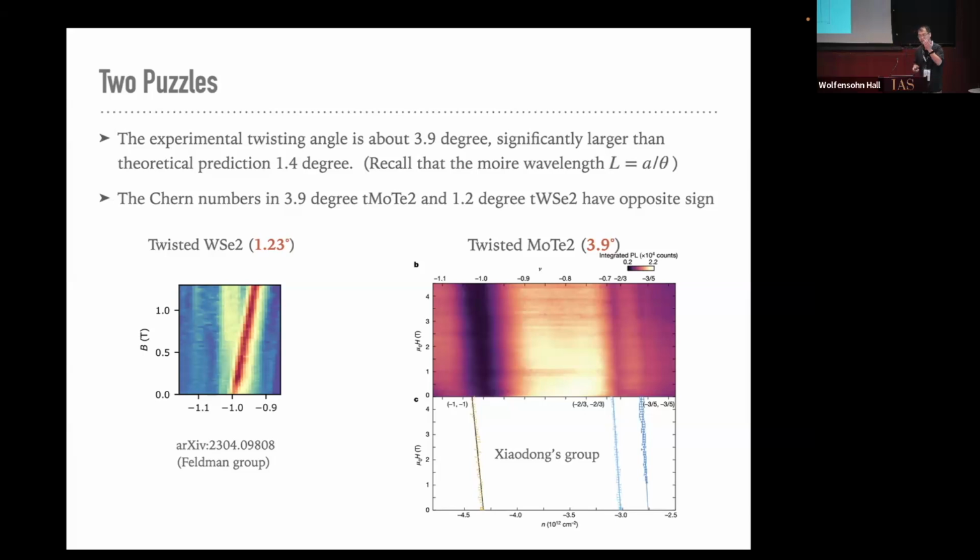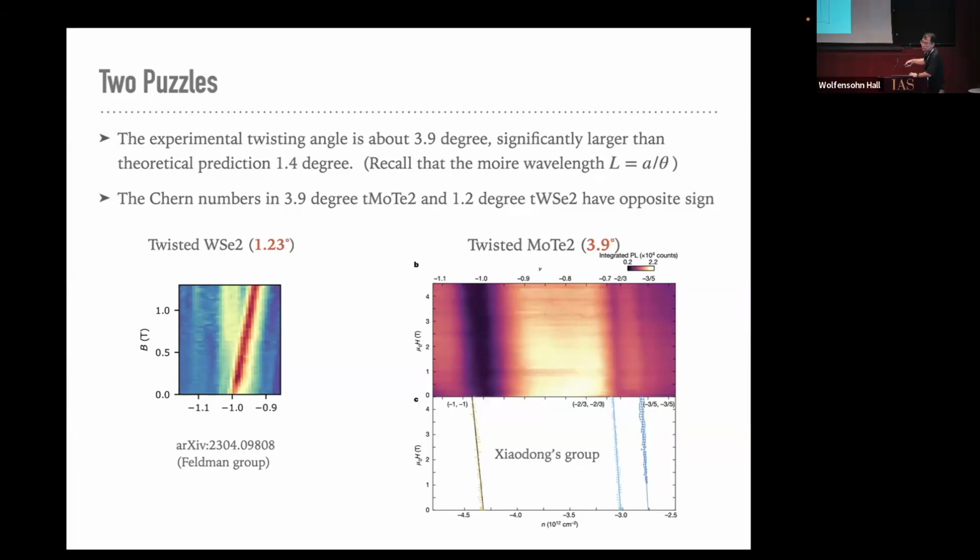And the other more interesting thing is that at the same time, we also saw a paper out of Ben's group, and what they showed is that they looked at twisted WSe2. So this is the same kind of Streda formula measurement, right? Different technique, but the same physics. Now, if you notice, their slope is actually different.